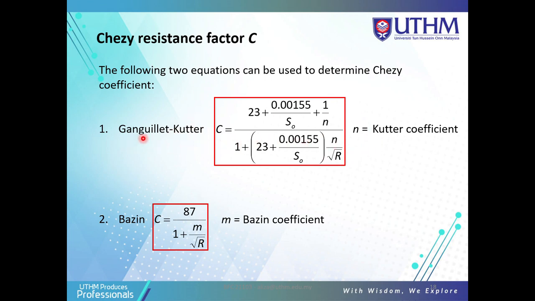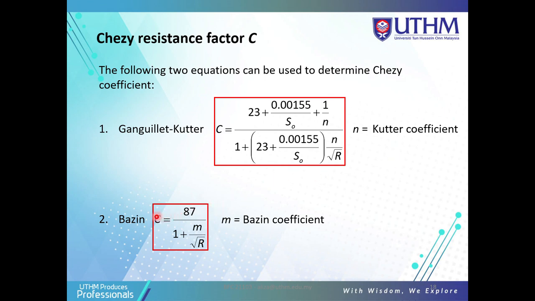But to get the Ganguillet-Kutter value of C, the coefficient n, the Kutter coefficient, is also given. To find the Chezy resistance using Ganguillet-Kutter, we use the n of the Kutter coefficient. This n is not Manning's.